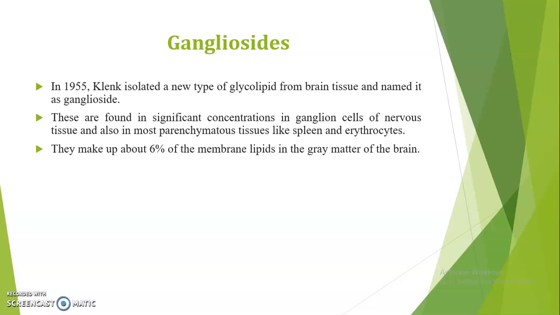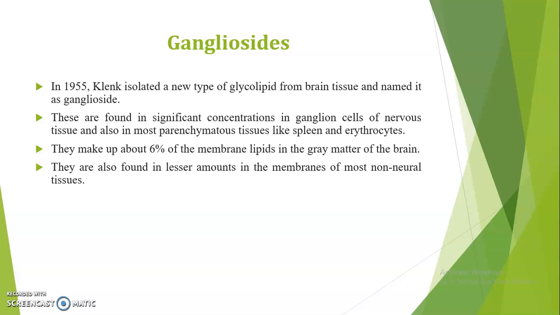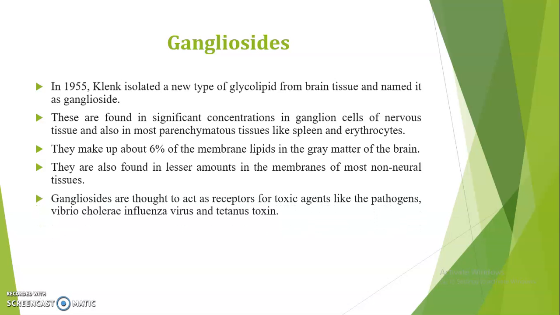They make up about 6% of the membrane lipids in the grey matter of the brain. They are also found in lesser amounts in the membranes of most non-neural tissues.